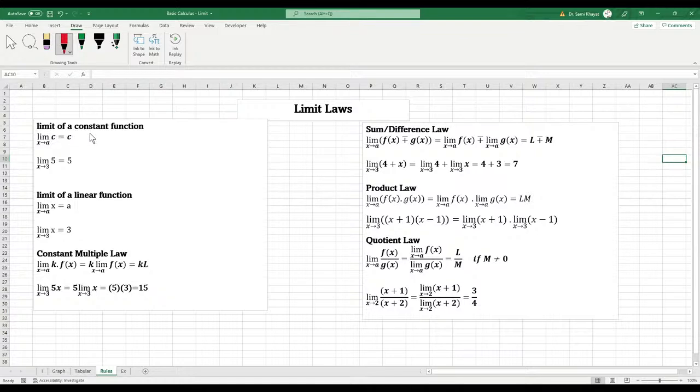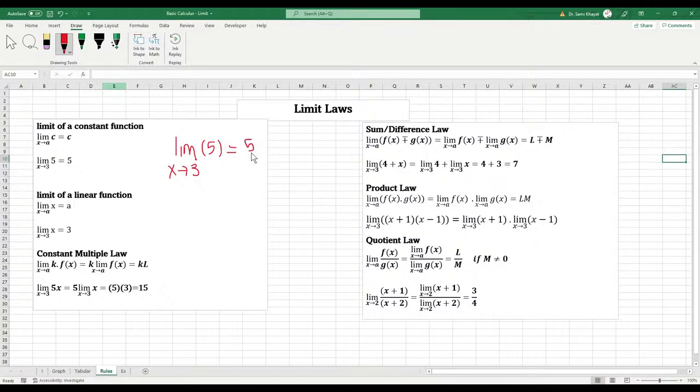Now, the limit of any constant, it doesn't matter what x approaches, will give you the same. For example, if I have the limit of x approaching 3 of 5, we said 5 is a constant, the answer is 5.